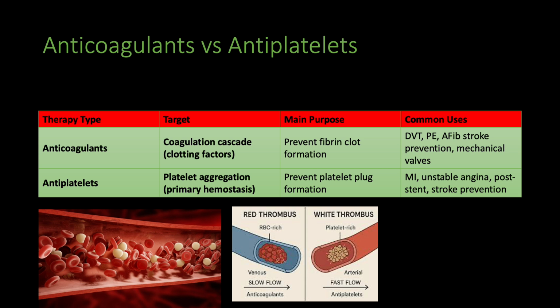I listed two diagrams down here just for your reference, showing how the clots are being formed within the blood vessel. You can see here the anticoagulants being used in a slow flow, and then antiplatelets, a fast flow. That's because platelets generally just work straight in the bloodstream.